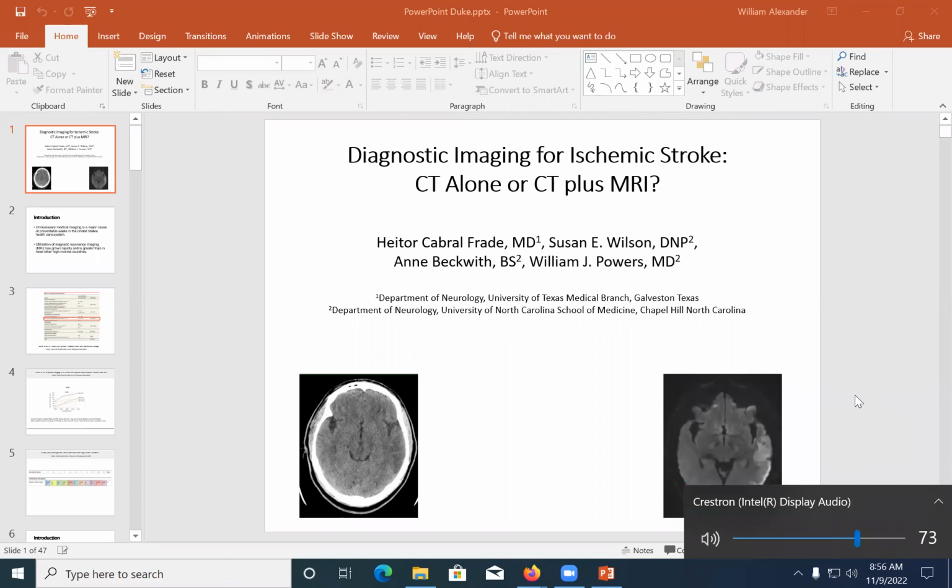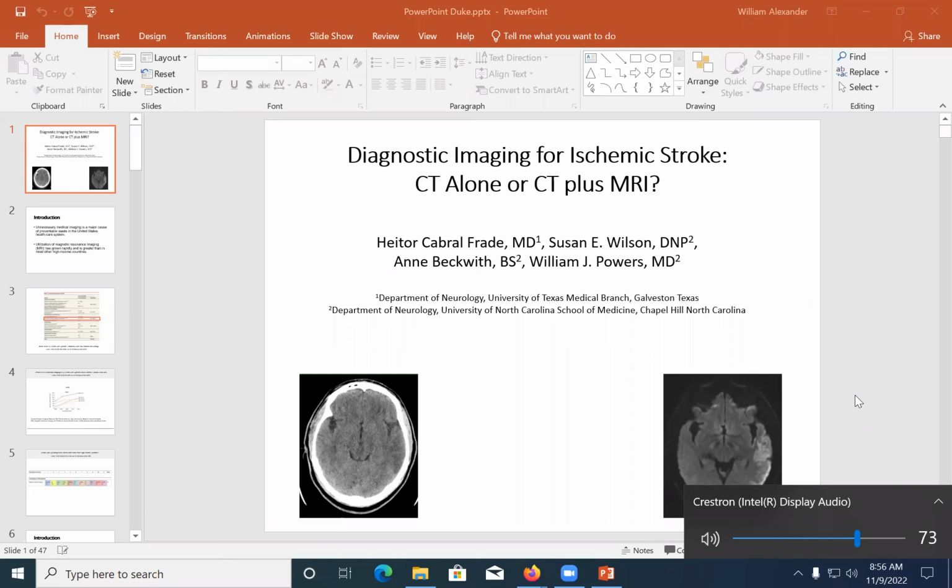The question is, stroke in the young, consideration of vasculitis or vasculopathy rather than a pure atherosclerotic process. I could give a one hour lecture on stroke in the young. I think it's very much over tested.